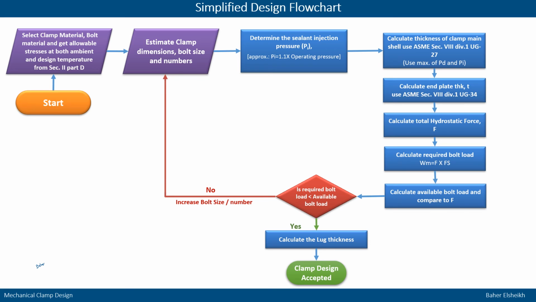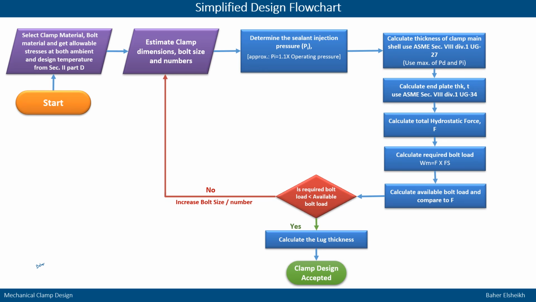Then calculate the total hydrostatic force using the area inside the clamp and the design pressure. Then calculate the required bolt load, and calculate the available bolt load using the root area of the bolt from the table in ASME PCC-1.